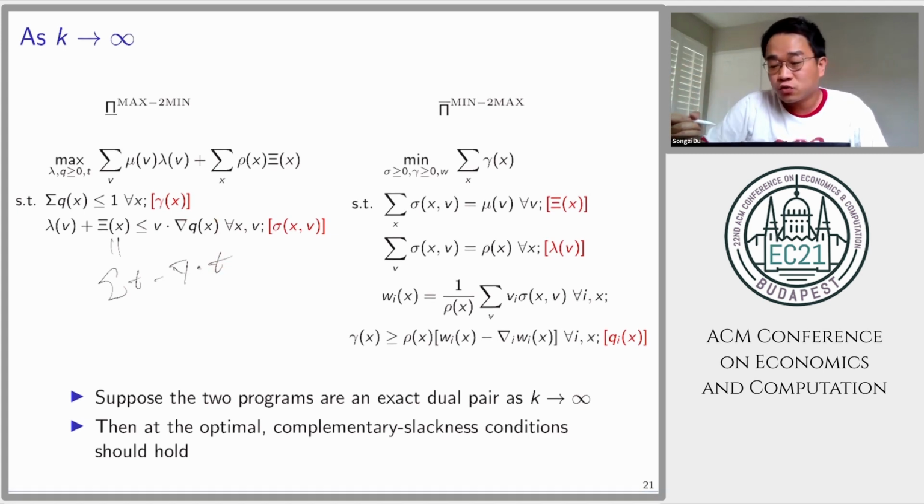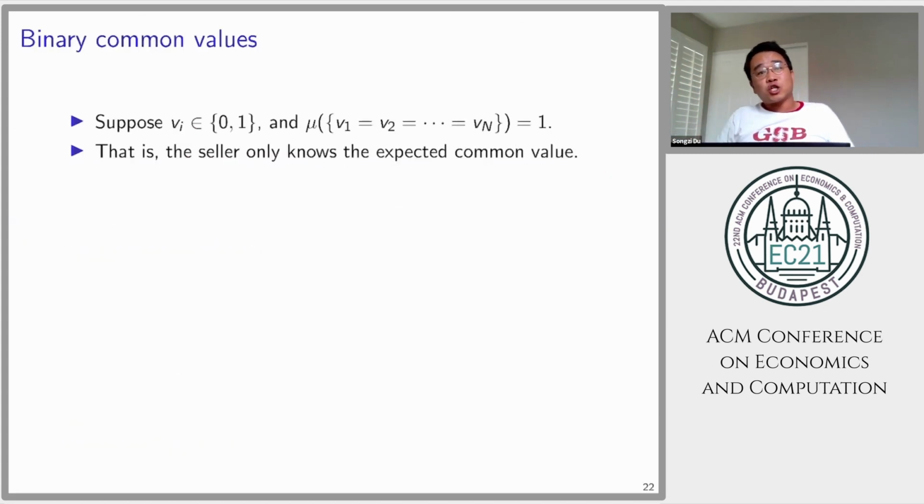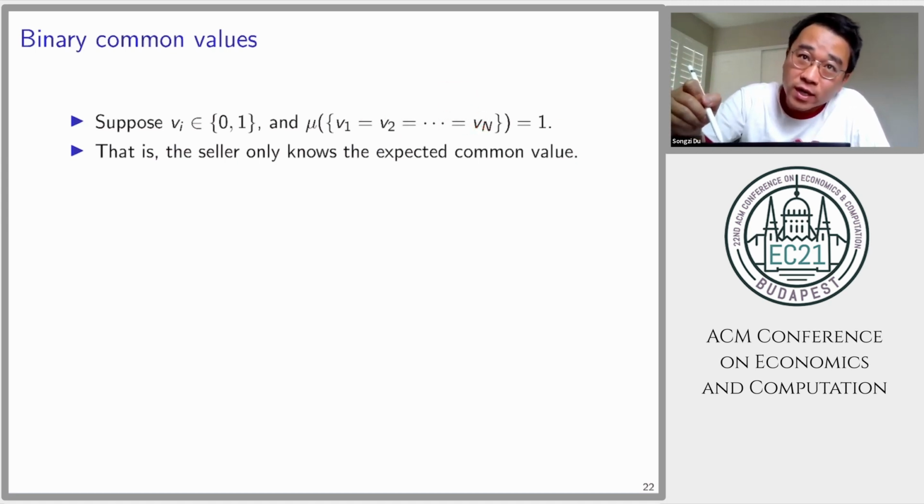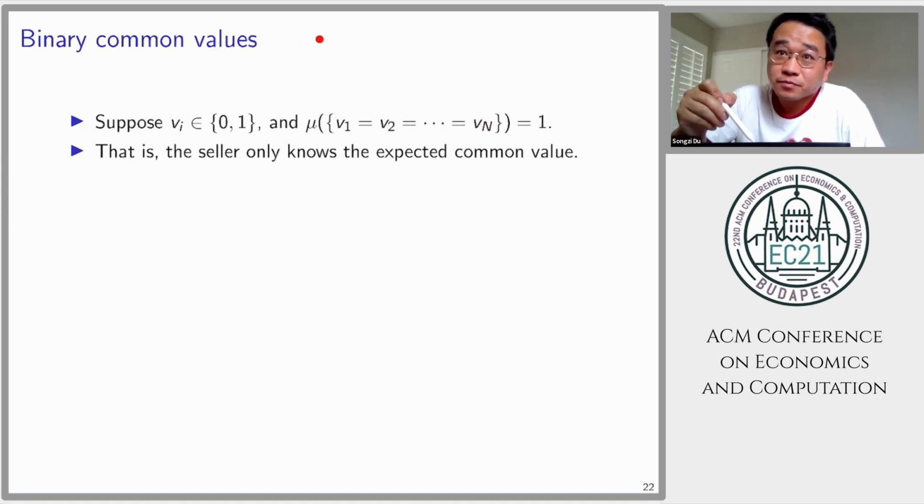Okay, so let me go through a quick illustration in the simplest case in which value is binary, and also with probability 1, value is exactly the same. So this is the binary value, common value case. Effectively we are assuming that the seller only knows the expected common value.